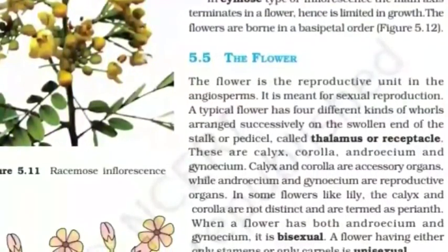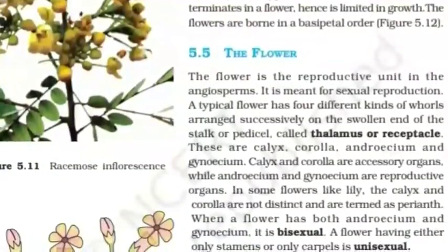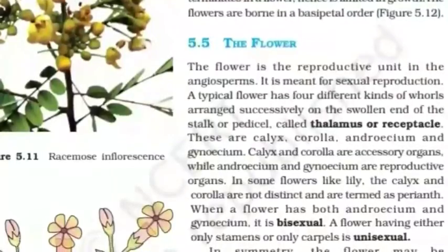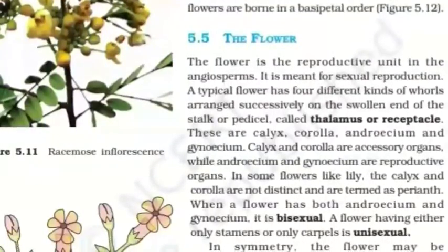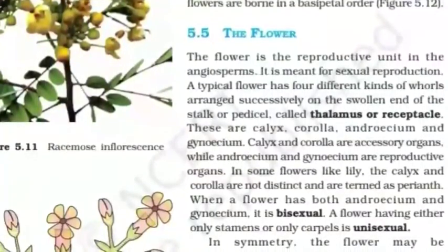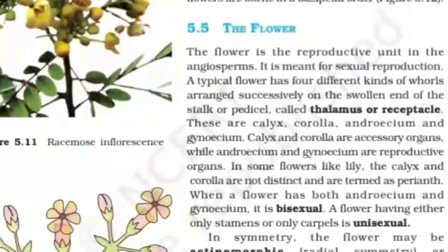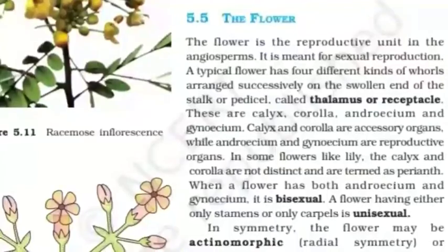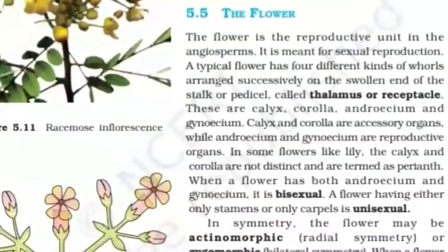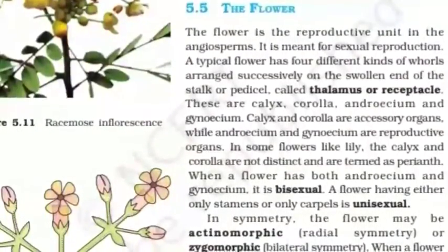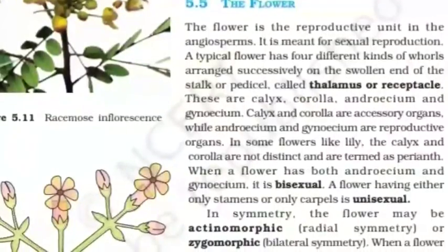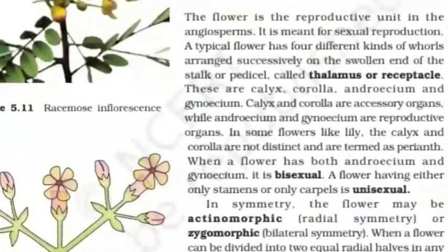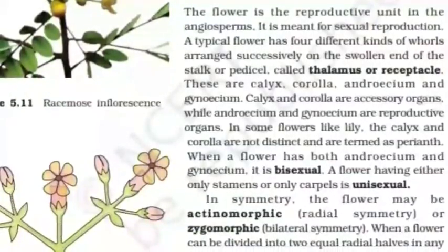These are calyx, corolla, androecium, and gynoecium. Calyx and corolla are accessory organs, while androecium and gynoecium are reproductive organs.